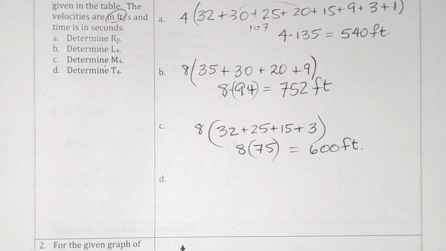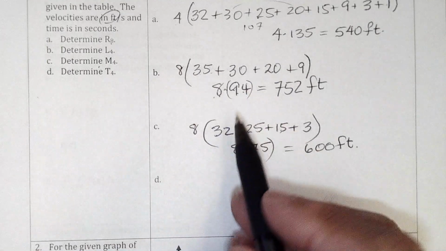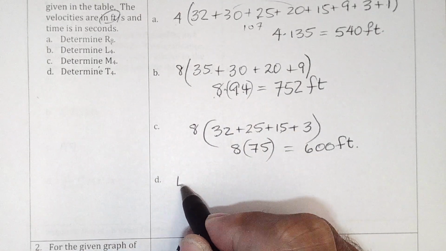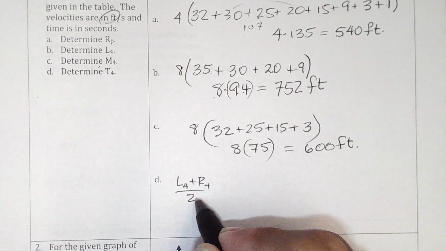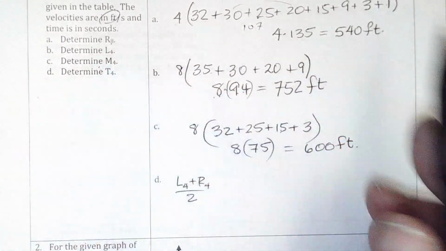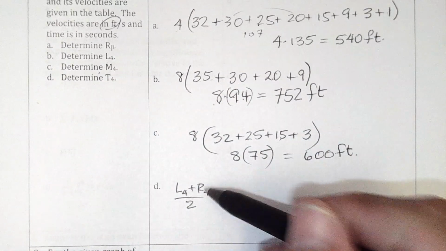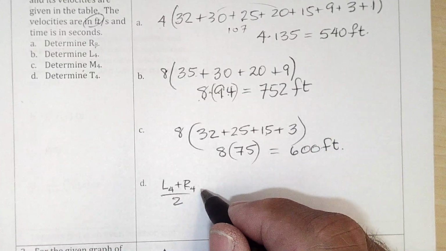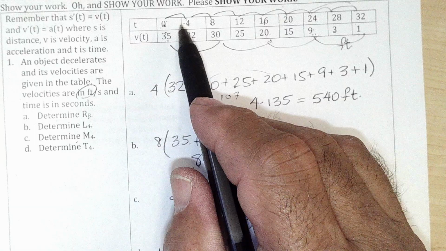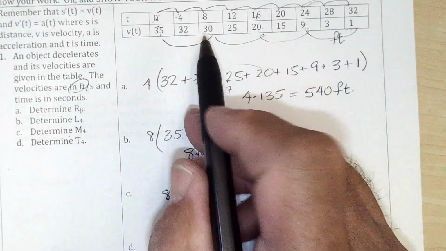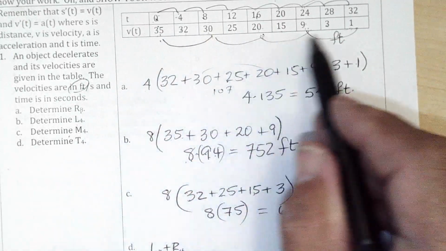And last, T4. Well, T4 is L4 plus R4 divided by 2, but I didn't do R4. I could go back and redo R4, or I can just do T4, which is using 4 bars.